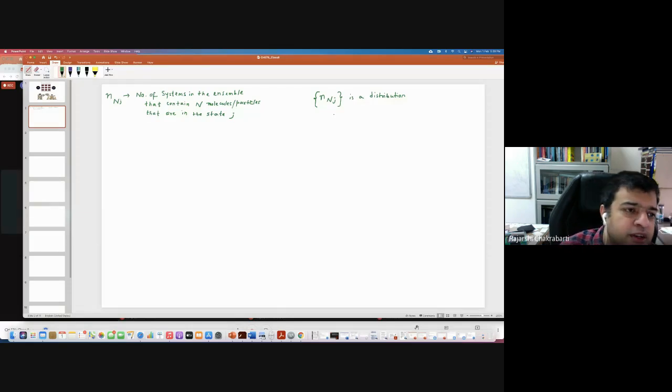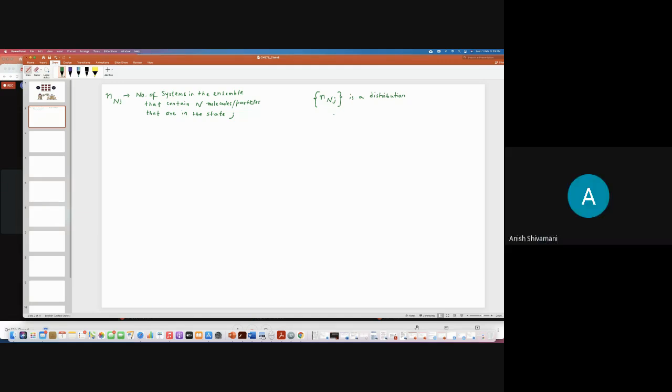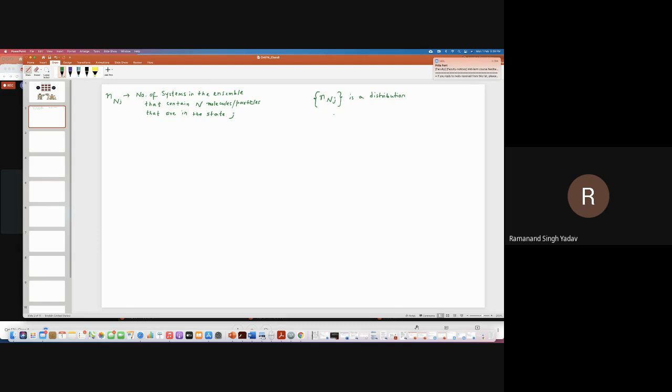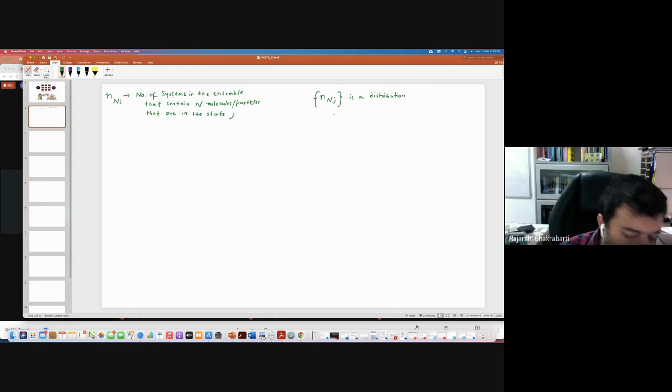In case of the canonical ensemble, what are the constraints? You remember the conditions? N, V, and T. Similarly, you'll have constraints here also. Can you tell me what are those constraints? This is mu V T. Yeah, mu V T is okay, but what are the constraints in terms of n_{N,j}?